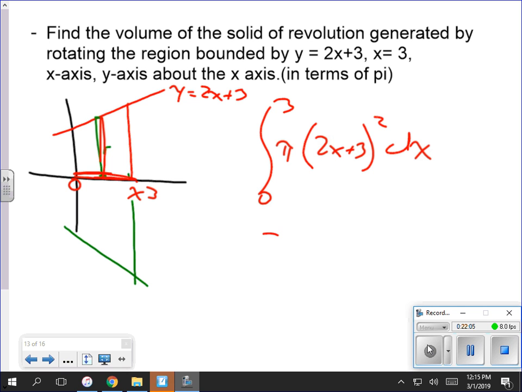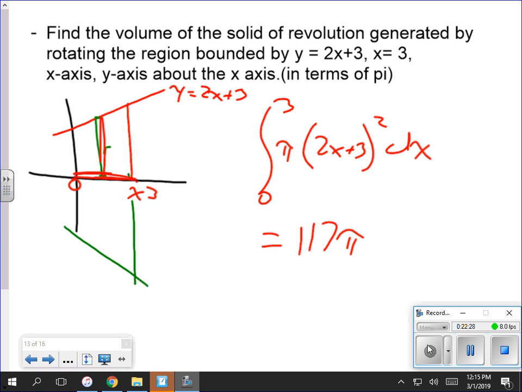You can do antiderivatives on this, work it out, and you get 117 pi. It's actually not too bad. If I were doing this by hand, I'd square out the 2x plus 3, pull out the pi, do the antiderivatives, and go to the pi in your final answer.